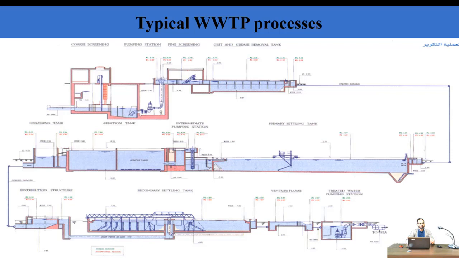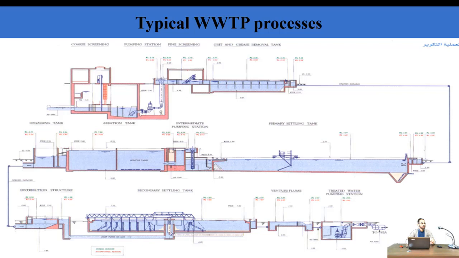After that, it goes to the secondary treatment: the aeration tank, the settling tank, and also a degassing tank if a nutrient removal process is done. This is the second row of the slide, related to the secondary treatment.